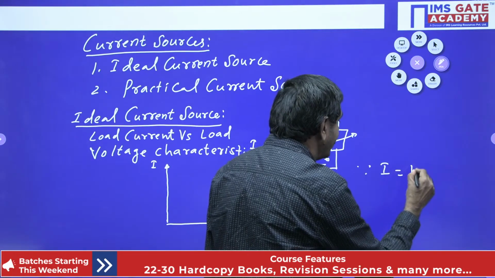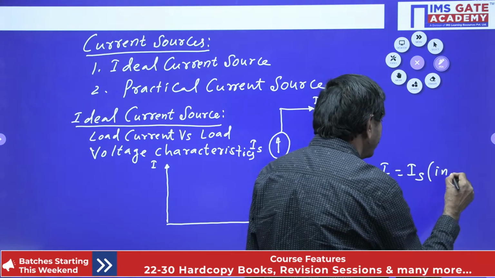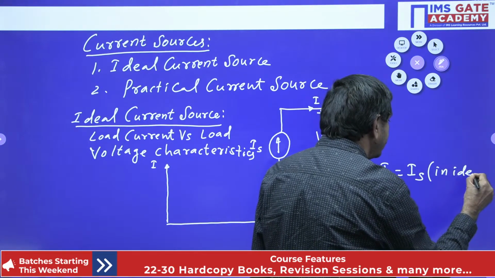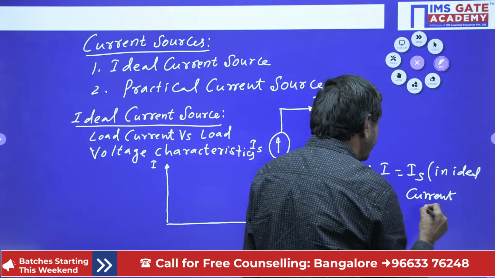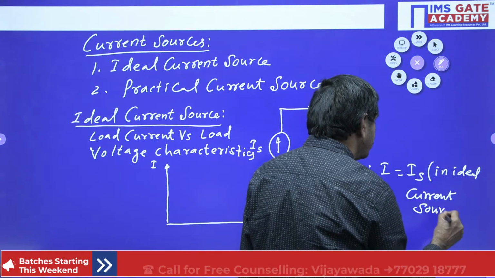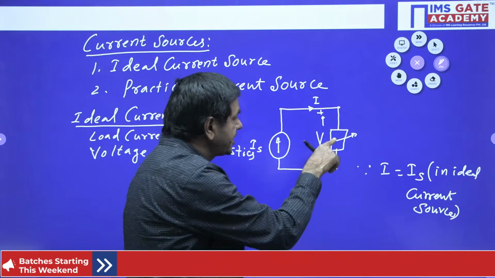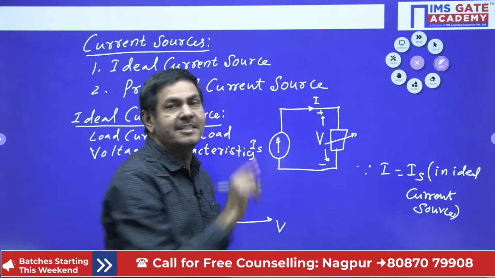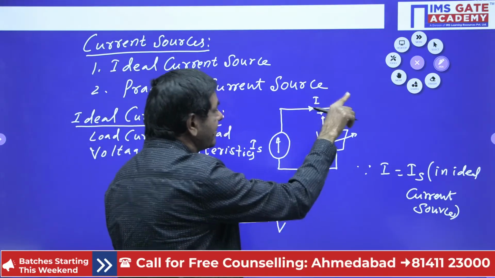I equal to IS is possible in an ideal current source. Whenever you maintain an ideal current source, these two will be the same. But what will be changed? With the change of this load, voltage will be changing. Current remains constant.